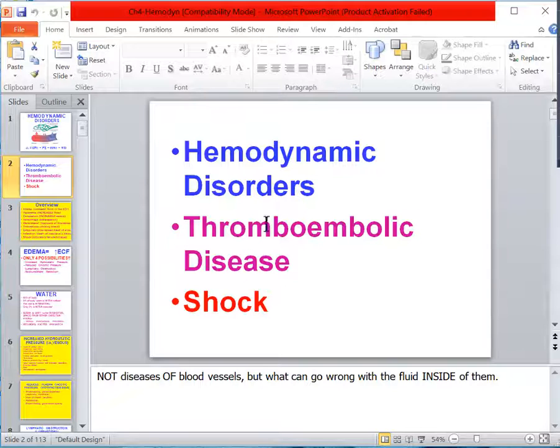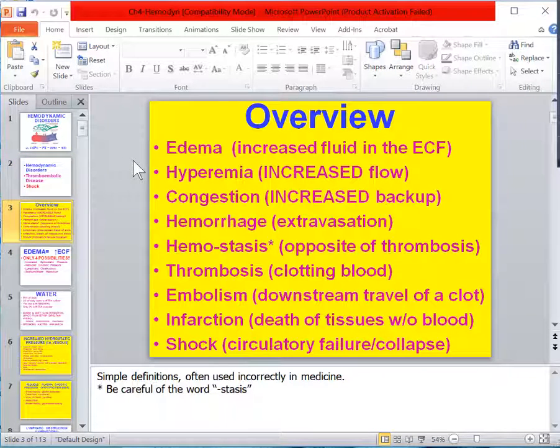We'll be talking about thromboembolic disease and maybe a little bit the opposite of this, bleeding disorders. And we'll be talking about things like infarcts. And finally, the worst of all hemodynamic disorders to have is not enough total body blood flow, which is what we call shock.